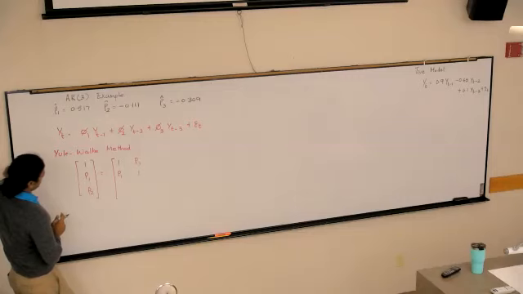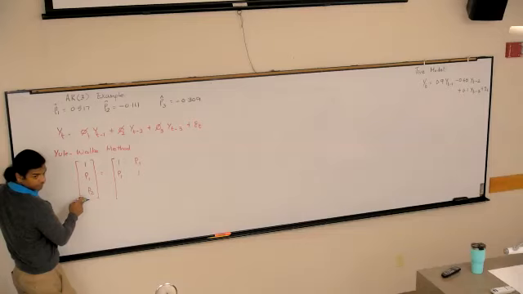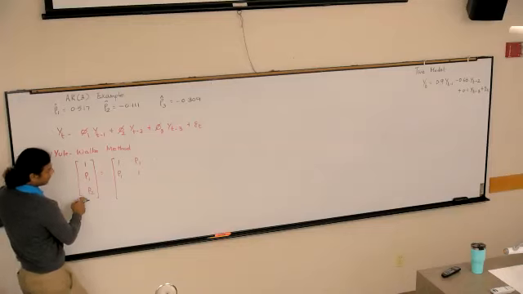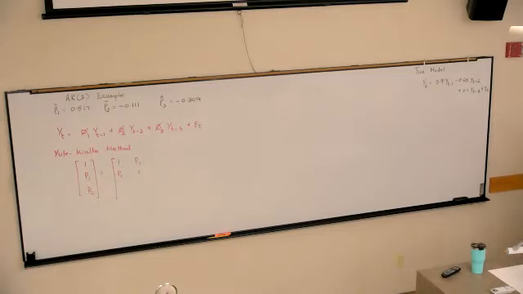Like rho one, rho two, rho three, not one, rho one, rho two. Rho naught is always one, actually.